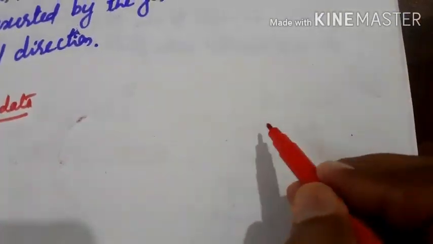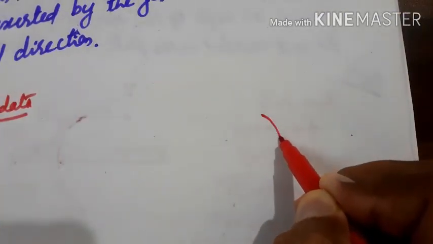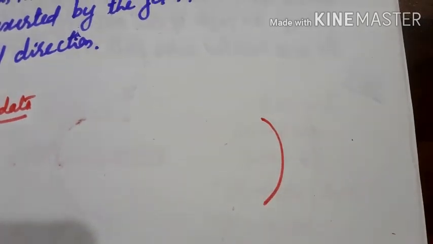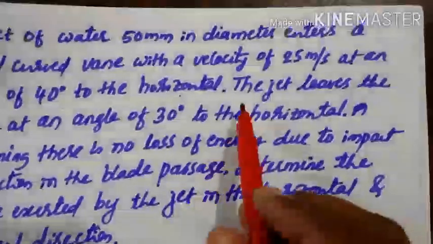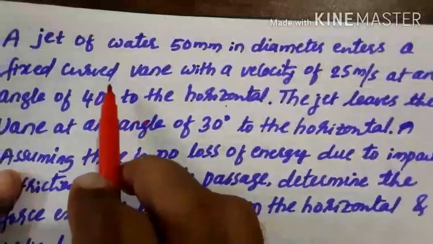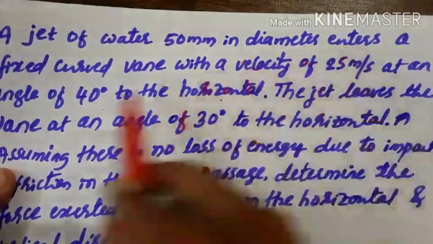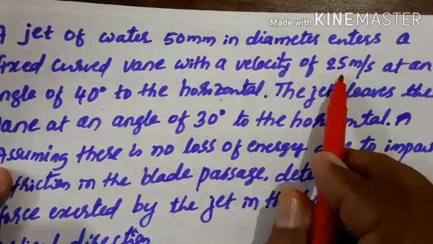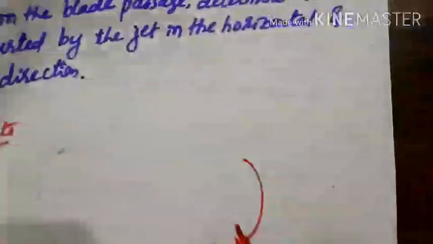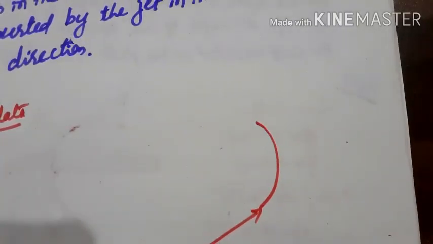The jet strikes the curved vane like this. This is the curved vane, and it is striking at one of the tips. The water of 50 mm diameter enters the fixed vane with a velocity of 25 meter per second at an angle of 40 degree, and this velocity is 25 meter per second.